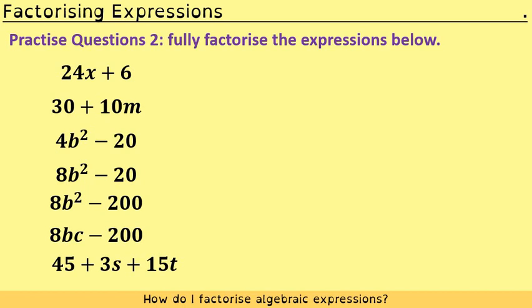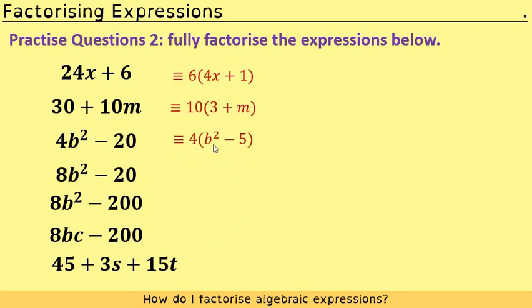Okay, so get a different colour pen and make sure you are marking your work. Anything you get correct, you can tick, and anything you get wrong, just write it in your different colour next to your work. So the first one, our fully factorised expression is 6 bracket 4x plus 1 because 6 is the greatest number we can take out of both terms. Next we have 10 bracket 3 plus m because 10 is the greatest factor we can take out of both of these terms.